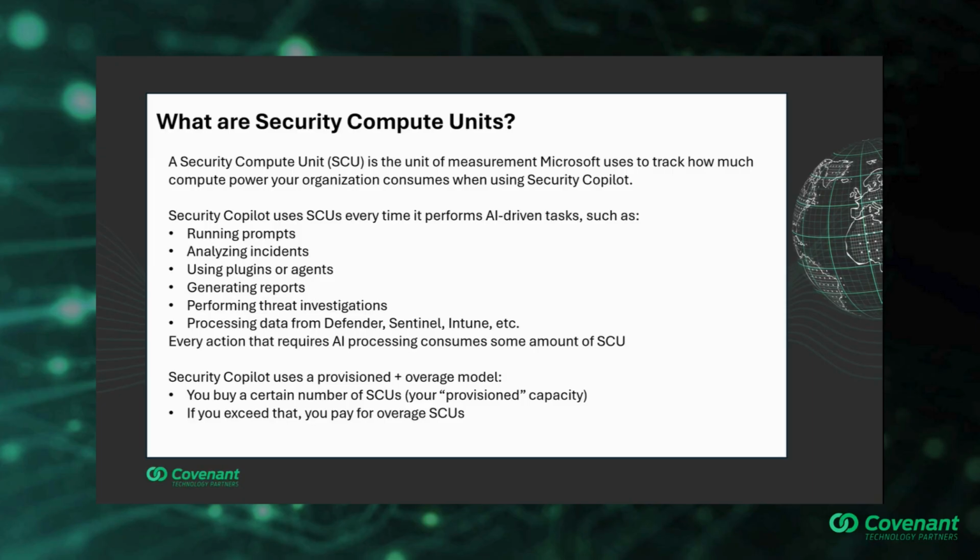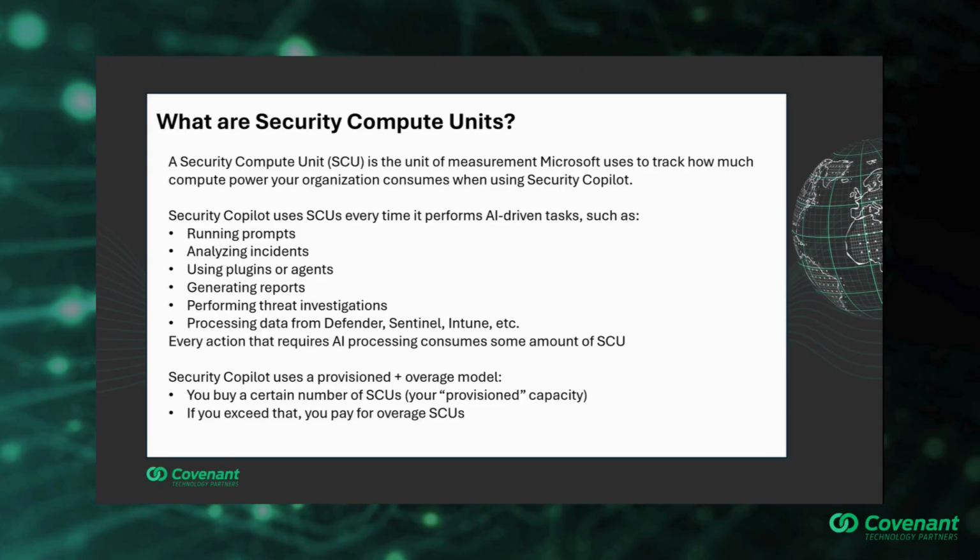Examples of consumption of compute units would be running various prompts, requesting analysis of incidents, usage of various plugins or agents, generating a report, performing an investigation, and additional processing of data from Defender, Sentinel, etc. Every action that requires AI processing consumes some amount of SCU.